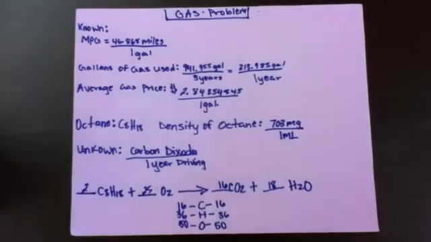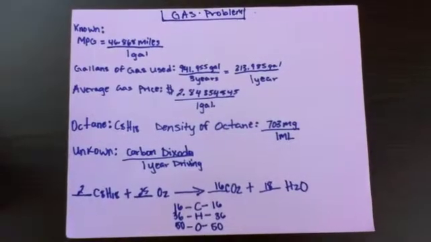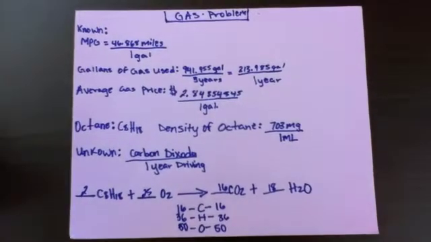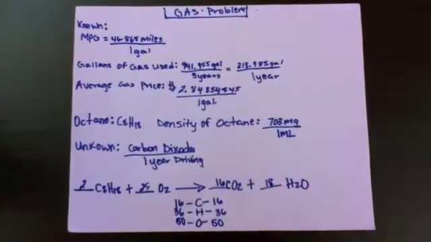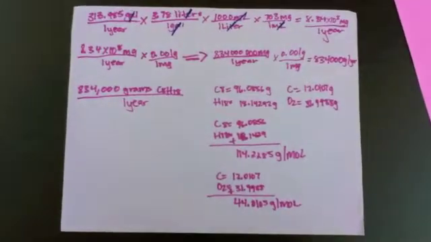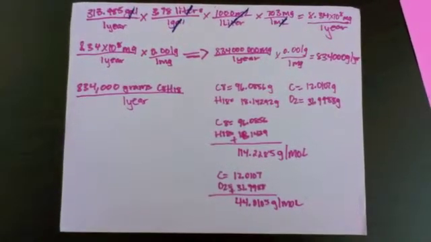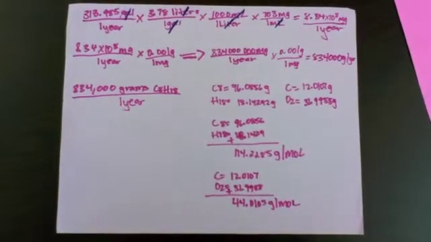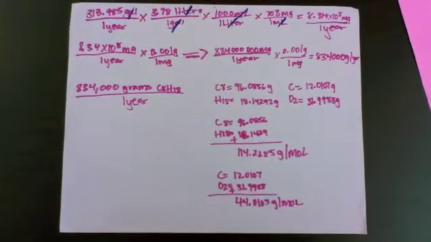What goes into a car and what comes out of the car, you have to balance the equation: C8H18 plus oxygen yields carbon dioxide and H2O. Then you have to do a emission analysis: 313.985 gallons times 3.78 liters times 1,000 milliliters times 703 milligrams, and then you multiply across and you get 8.34 times 10 to the 8th power milligrams over 1 year.